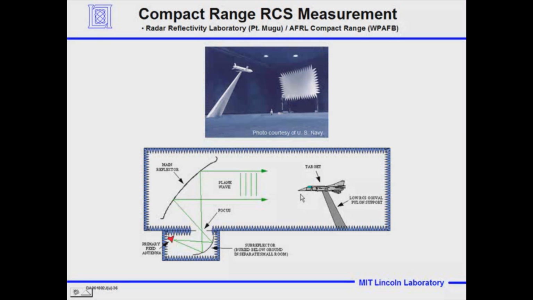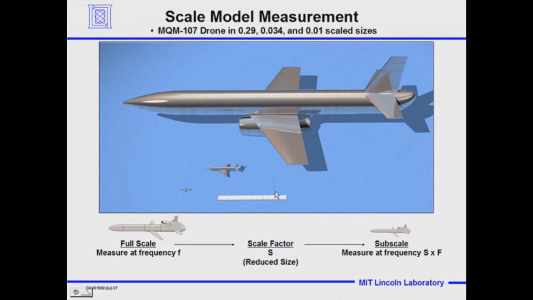It's a technique that is used quite often to make RCS measurements, because the full-scale measurements in many cases can be quite costly when they're done on a big, complex range. And you can have multipath effects, which the absorbent material around the compact range mitigates. Now we can do things with scale models in small ranges.